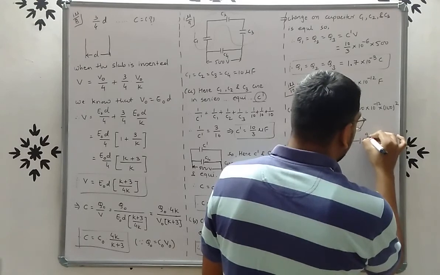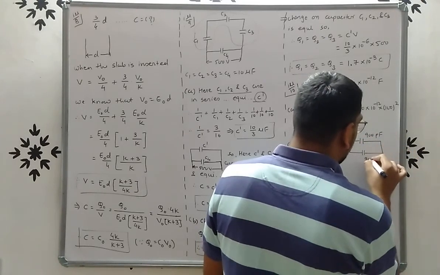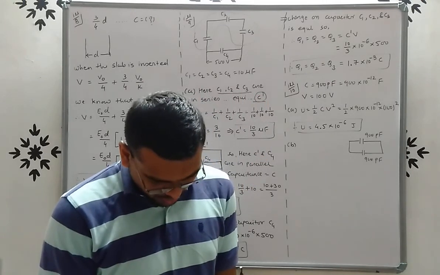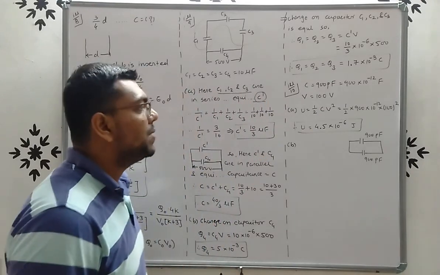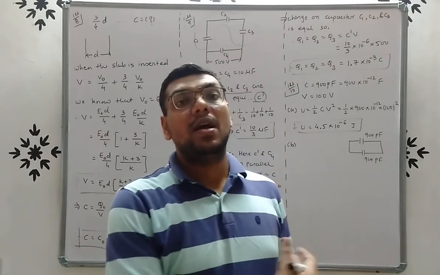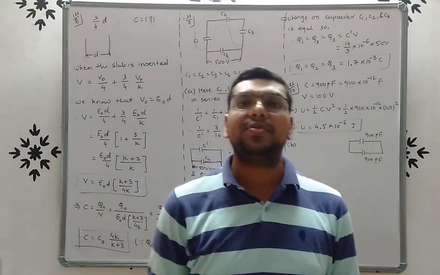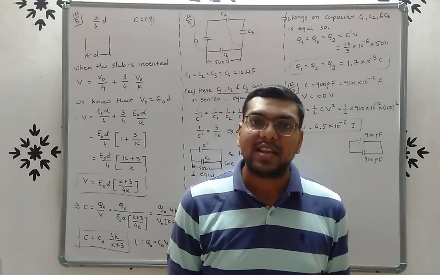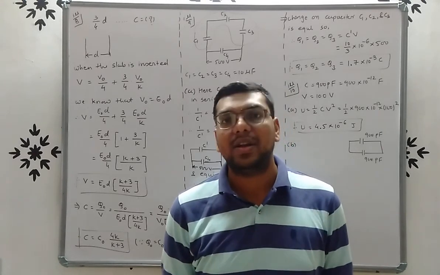This is 900 picofarad and this is also 900 picofarad, right? So we have to find out the energy stored by the system, but here the battery is disconnected. We already know the formulas of energy stored by a capacitor: first one, 1 by 2 CV square; second formula, Q square by 2C; and third one, QV by 2, right?